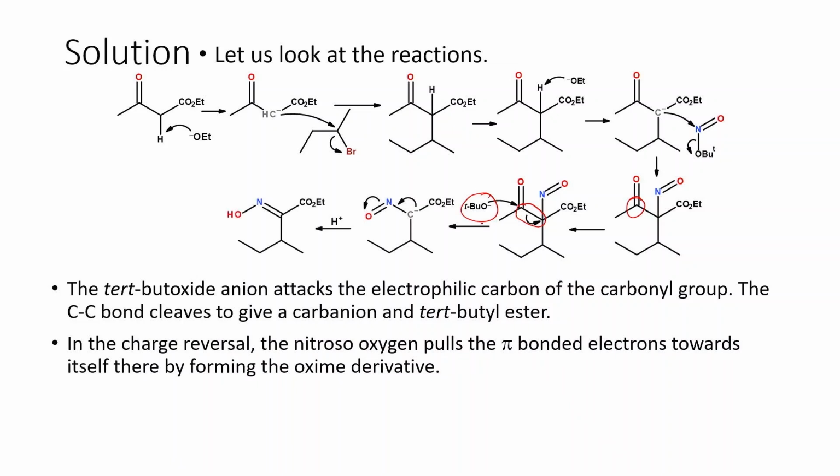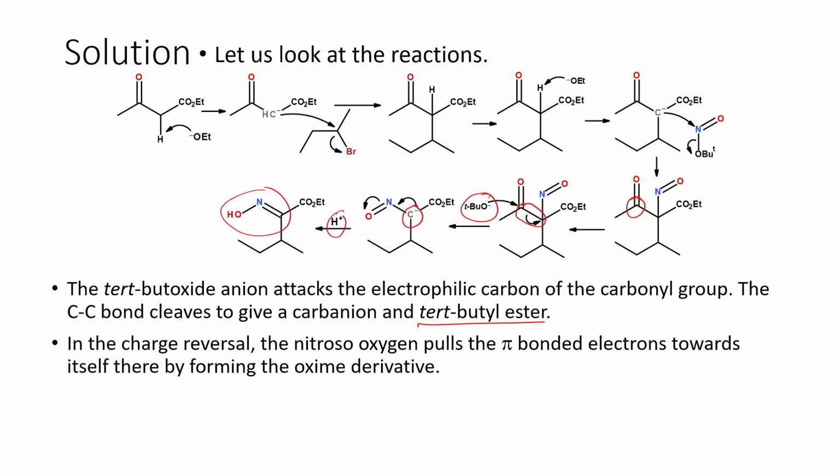Tertiary butoxide is basically lost as the tertiary butyl ester with the concomitant formation of the carbon ion. So that is the one that is actually formed. And since the oxygen is electronegative, it pulls a pi electron towards itself, making the negative charge from the carbon ion shift between carbon and nitrogen. We end up with the oxime that is formed in this reaction.